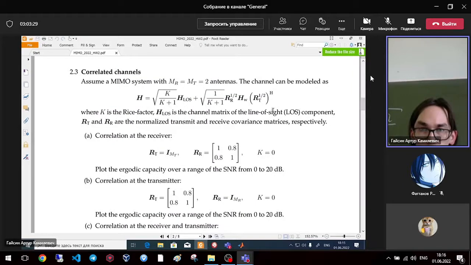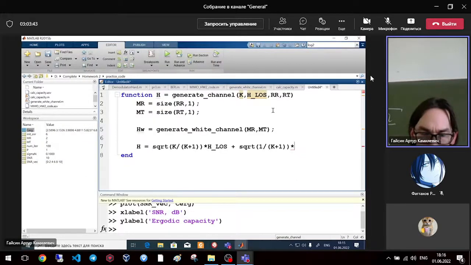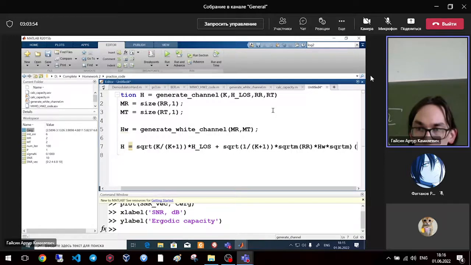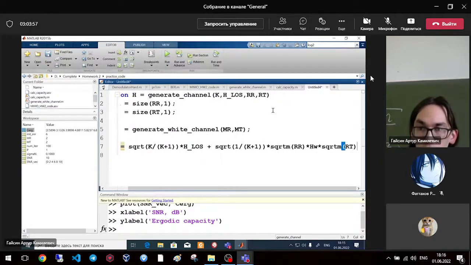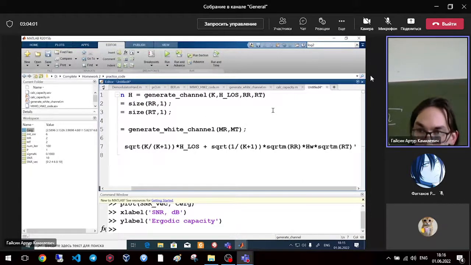We multiply, yes, in this case you can use SQRTM, but if you want, you can also write your function to calculate this square root matrix. So SQRTM of R, then our channel HW, and then SQRTM of RT. Something like this. So, and also with permission.